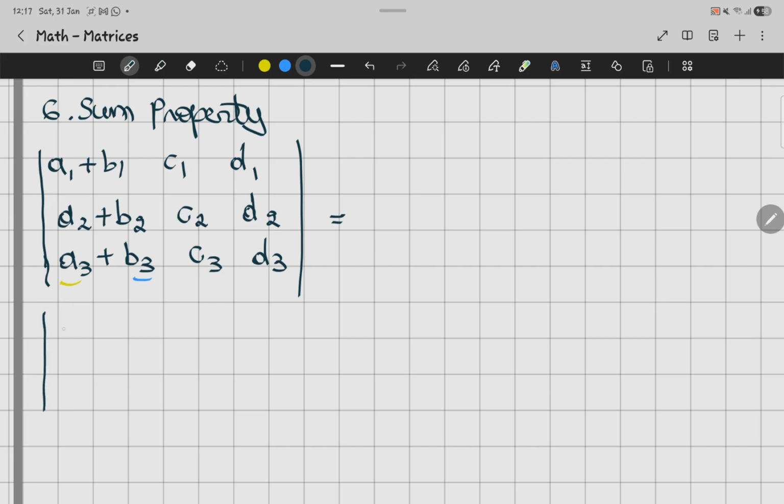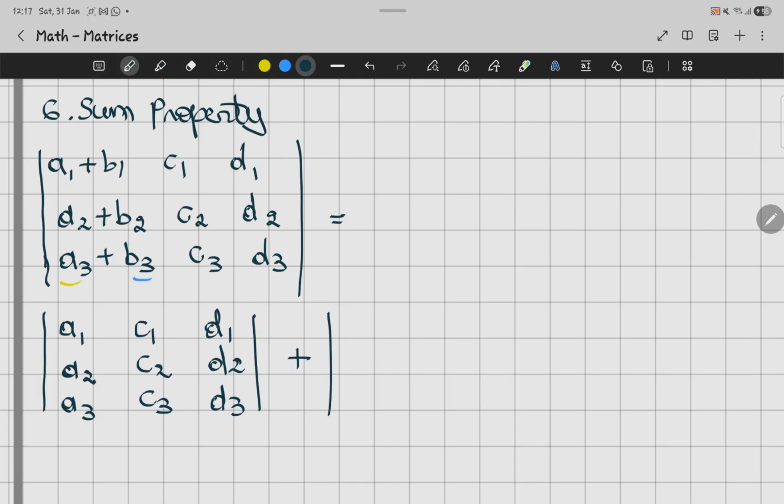So what we get is A1, A2, A3, C1, C2, C3, D1, D2, D3, plus B1, B2, B3, C1, C2, C3, D1, D2, D3.